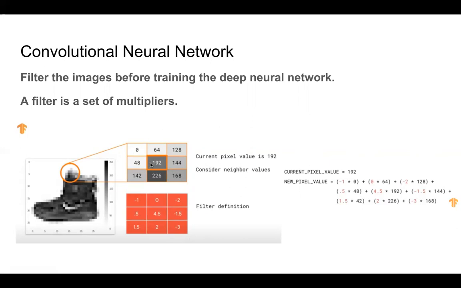So what we do, we multiply the current pixel by the corresponding filter value, and we do so for all the neighboring pixels. So here is the defined current pixel value, 192, and we calculate the new pixel value by multiplying the current pixel value by the filter value, and sum all the transformed pixel values of its neighbors. So here is the sum of all filtered pixel values.